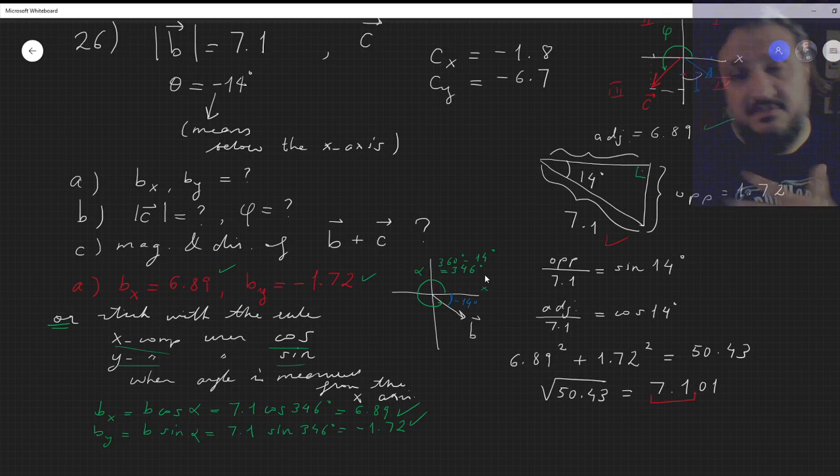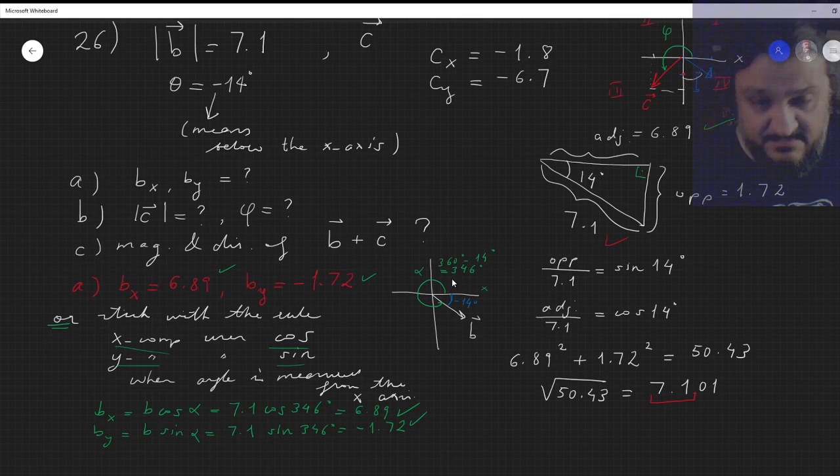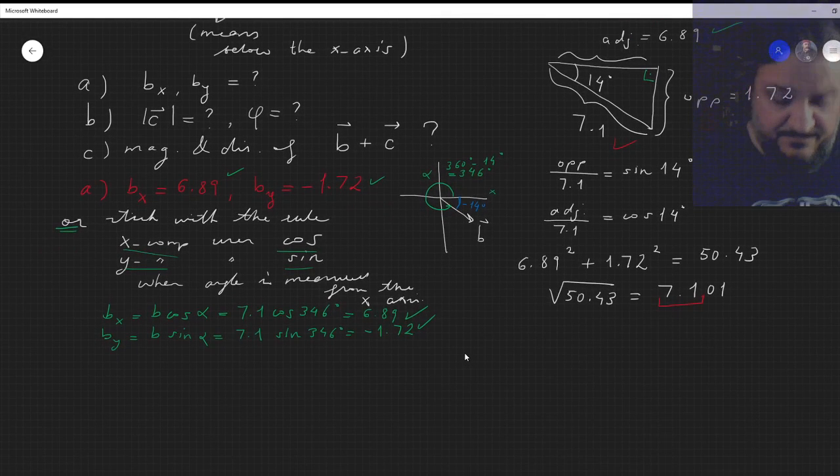Now I used 346. What would happen if I had used a negative 14? Let's do it. Alright, see, I'm giving you alternatives. Just pick the one you like the best.